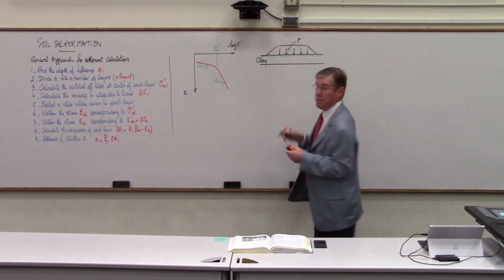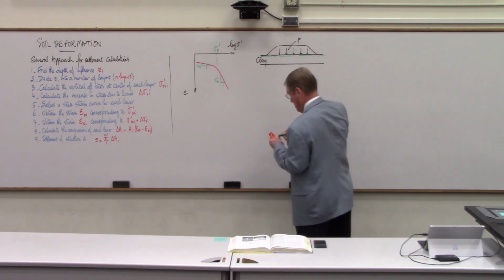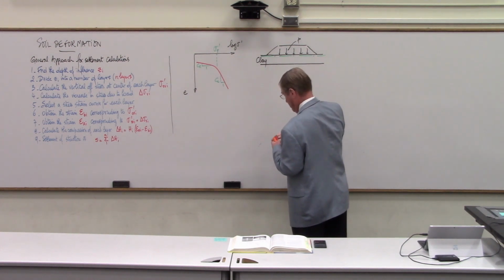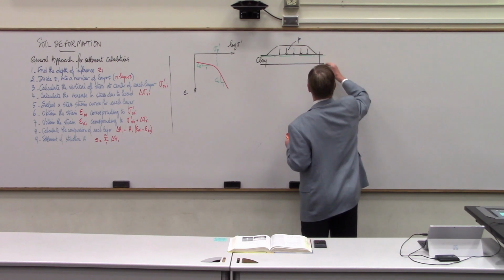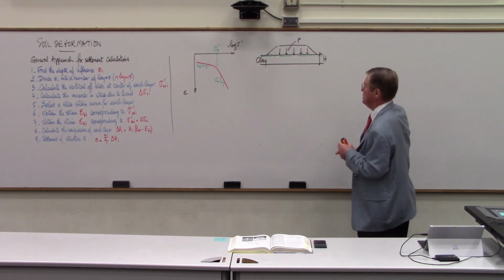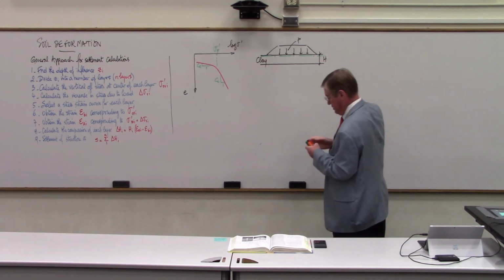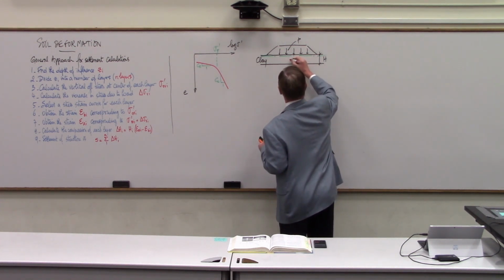This could be an embankment or a tank, on the Gulf Coast. And the layer has a certain thickness that we'll call H. This case, we will do the calculations again in the center of the layer, call that point A.